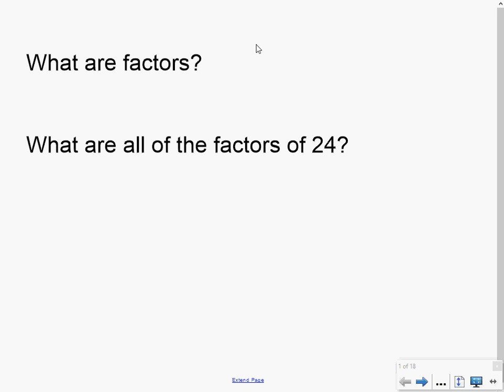So, back in elementary school, you talked about finding factors of a particular number. Now, we have pairs of numbers that multiply to give us 24. So if we write out that list for 24, we could do 1 and 24, 2 and 12, 3 and 8, 4 and 6.